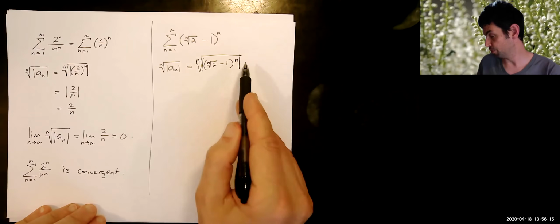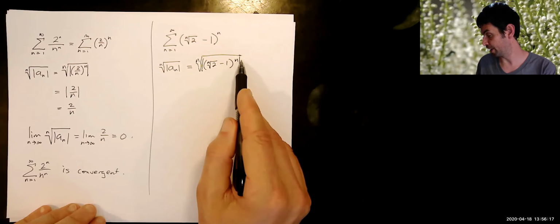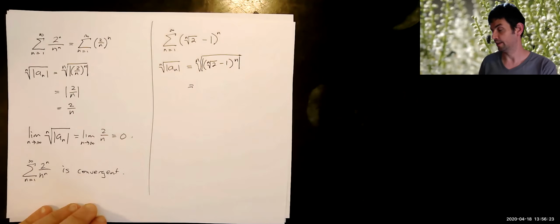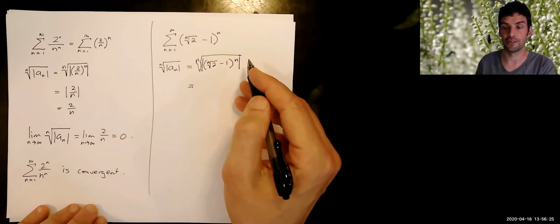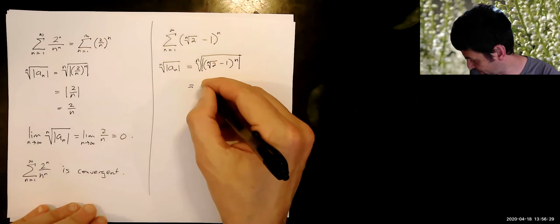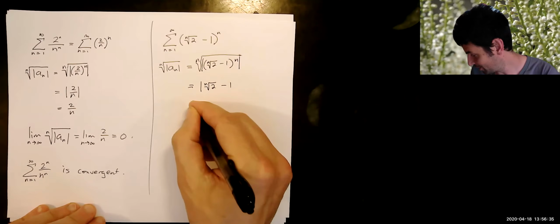And again, rules of absolute value, I can move this thing outside, and then I'm taking the nth root of something to the n power. Since it's all positive, everything's going to go away nicely. We end up with the absolute value of the nth root of 2 minus 1.